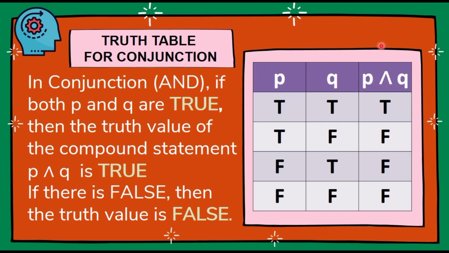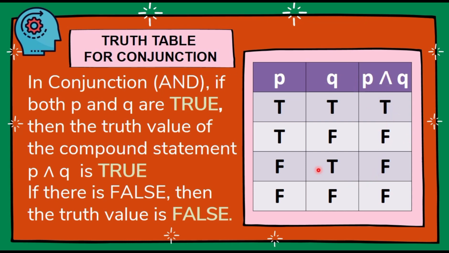Before, we memorized the table. When we say conjunction: true, false, false, false. Now, I will explain to you how we arrive at each truth value. What if there is no table? How will we answer? We should understand it. We should not just memorize the truth table, but also understand how we get the truth value of each proposition.